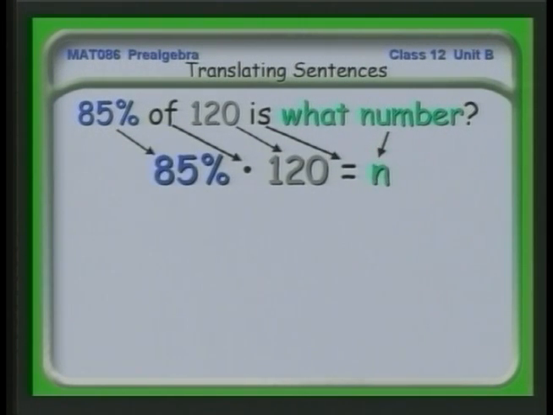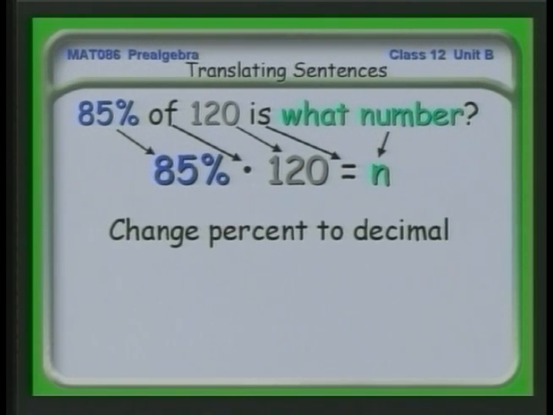Here's how we translate it. 85% of, times 120, is equal to what number? That's our unknown n. We need to change the 85% to a decimal to do math with it. If you forget to do this, your number is going to be 100 times in error.